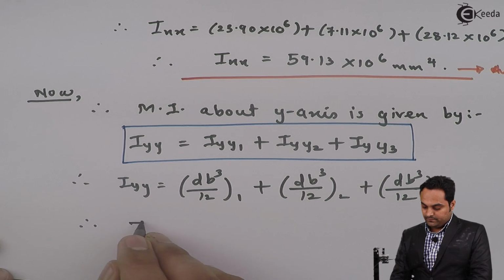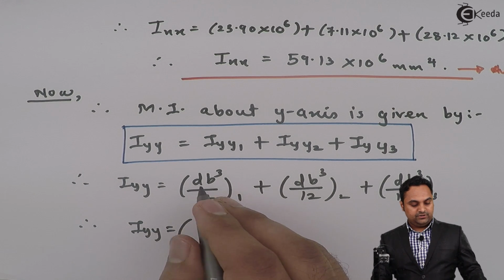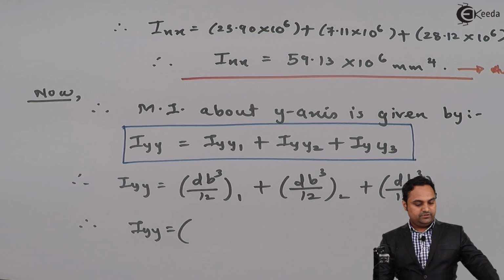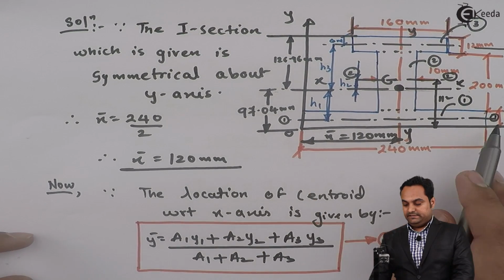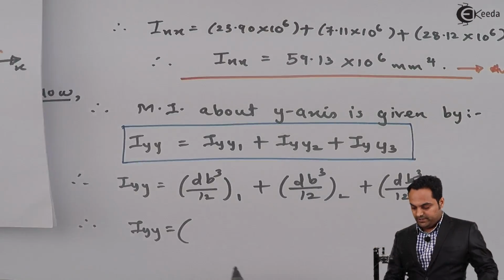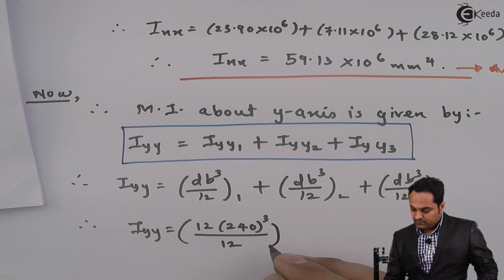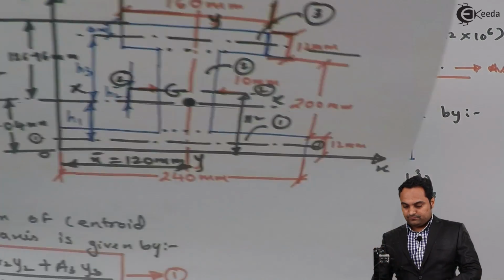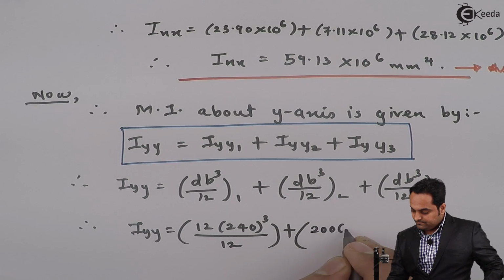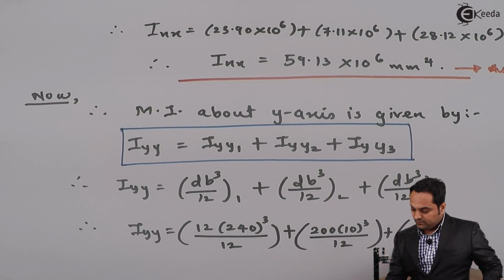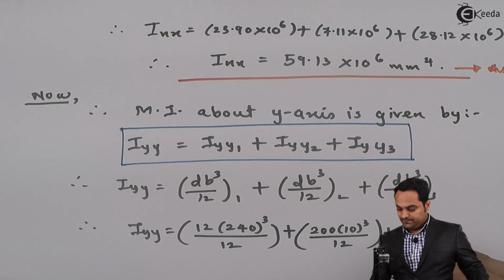So therefore Iyy will be equal to D and B values. If we look into this I section, for the first rectangle D is 12 and B is 240. For the second, D is 200 and B is 10. For the third, D is 12 and B is 160.